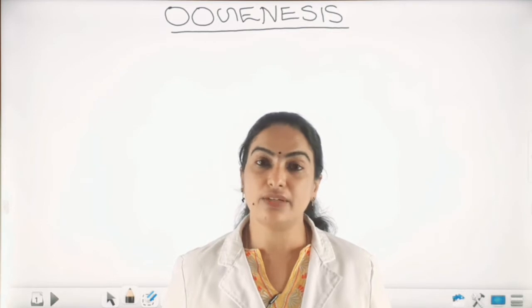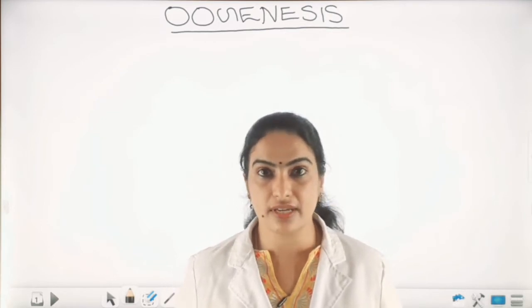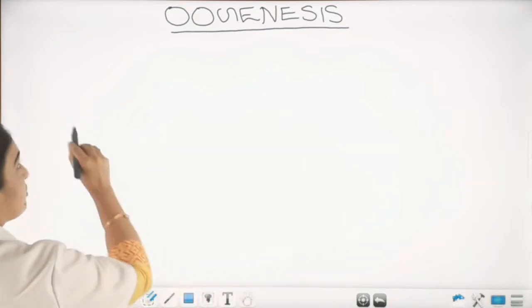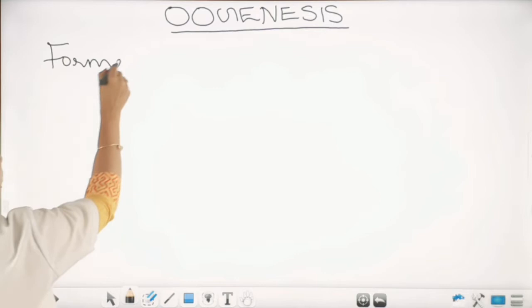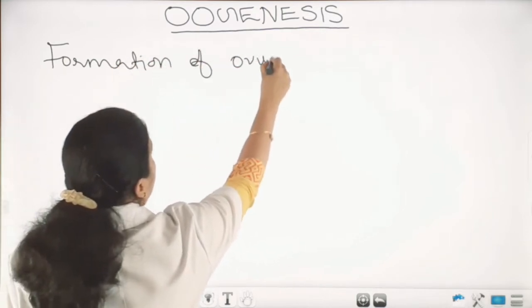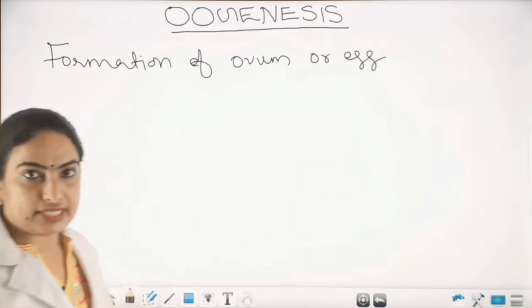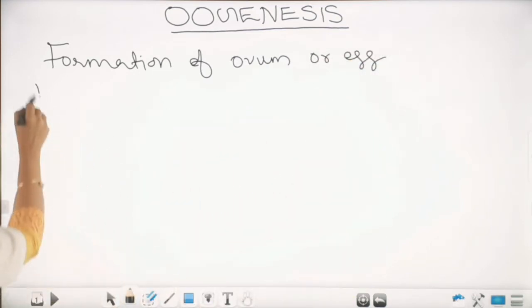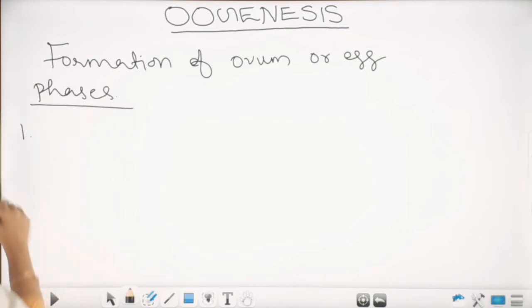And now we can see what are the different stages or phases in the oogenesis process. Before that, what is actually oogenesis? It is a process of formation of ovum or egg from the ovaries. And there are different phases. There are three phases in oogenesis.